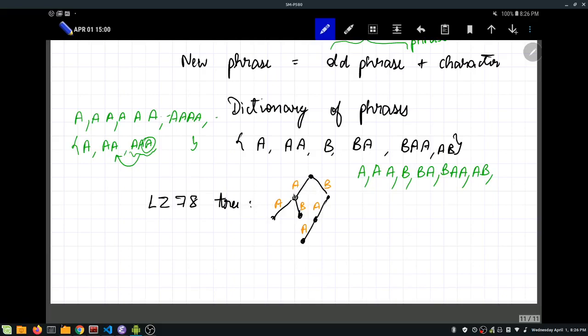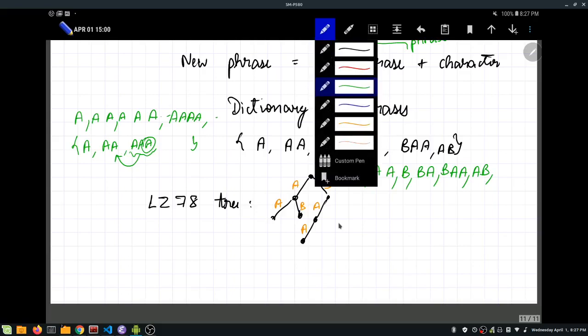So this is A and this is B. This is A and B, A and perhaps there could have been a B, A and B. So each element in this dictionary can be represented by a node in the tree.